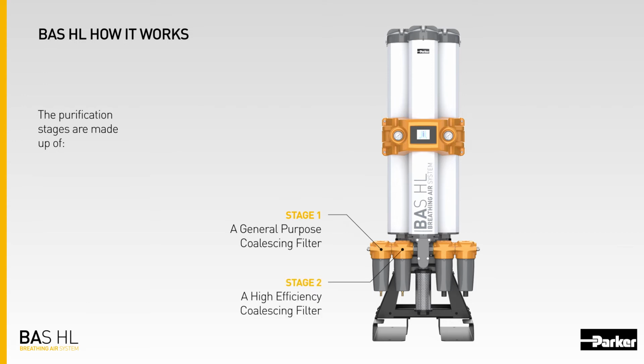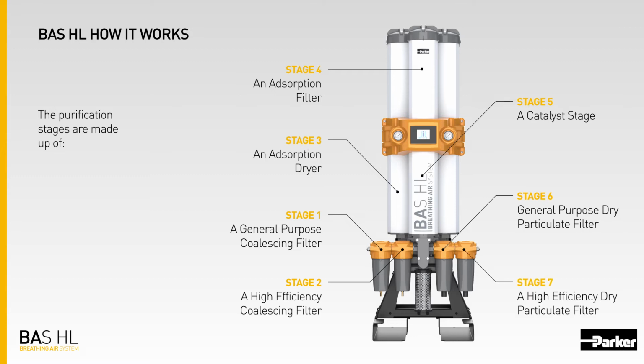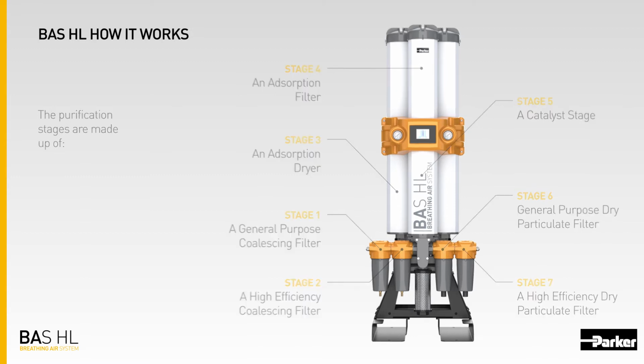Stage 2, a high-efficiency coalescing filter. Stage 3, an adsorption dryer. Stage 4, an adsorption filter. Stage 5, a catalyst stage. Stage 6, a general-purpose dry particulate filter. Stage 7, a high-efficiency dry particulate filter.